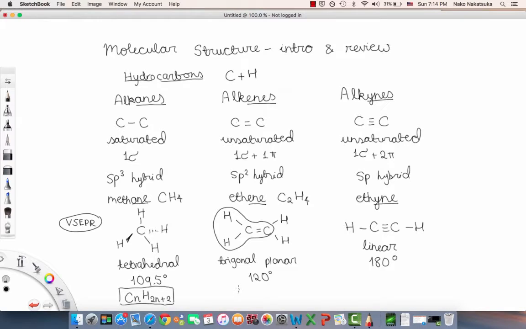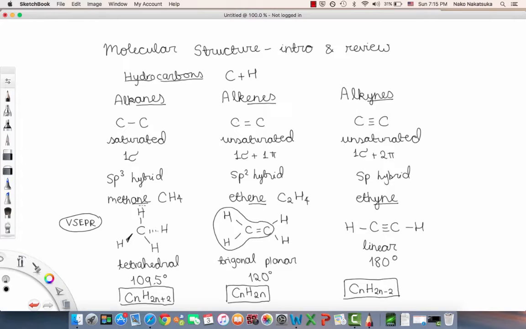For alkenes, it's CnH2n. And then for alkynes, it's CnH2n minus 2. So I can show you how this works.